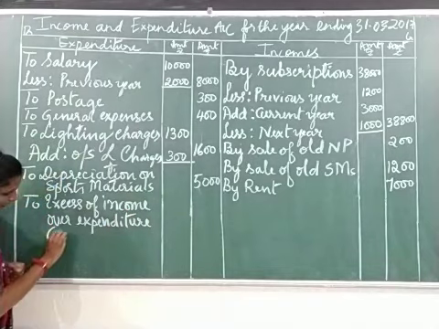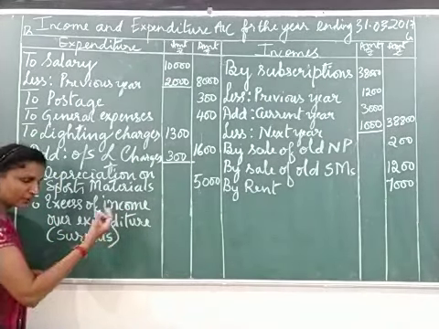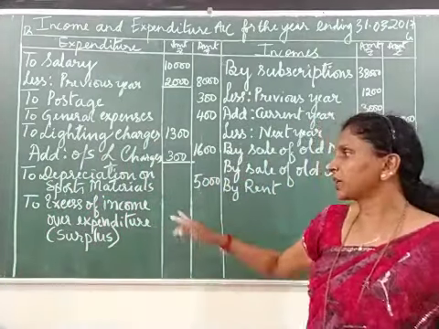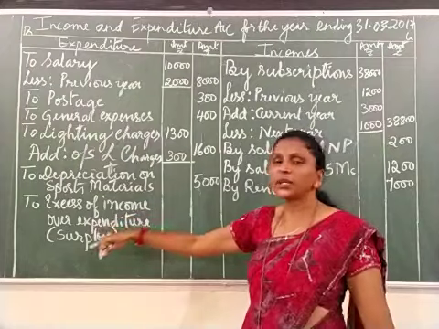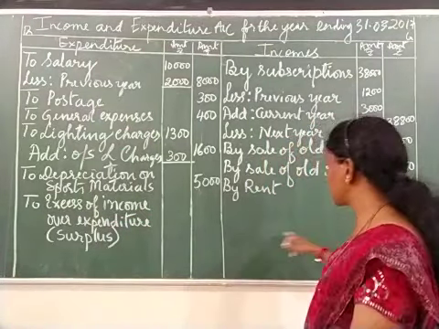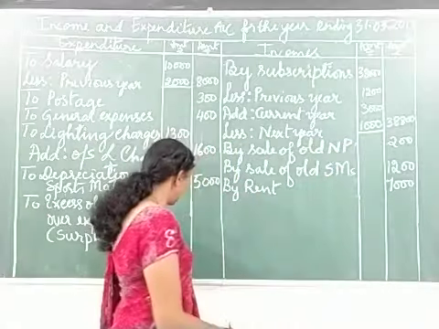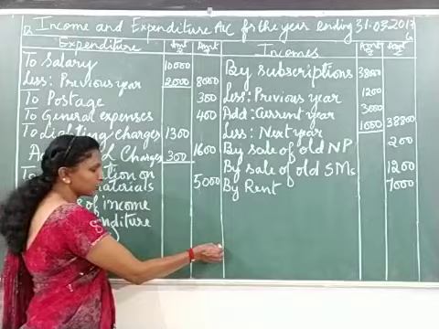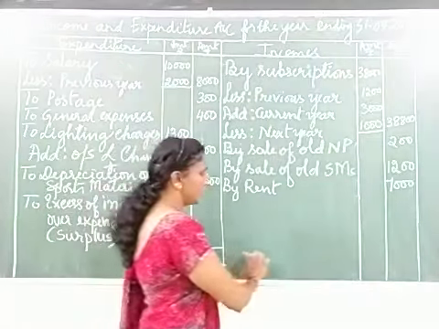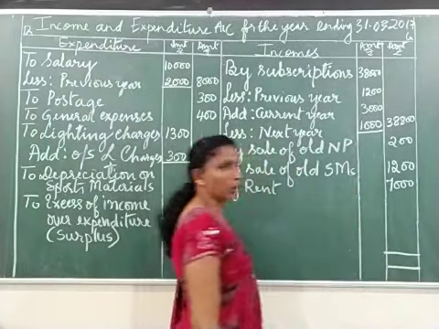In the bracket you write surplus. You can use the word surplus also, or to be perfect you can write to excess of income over expenditure. Next line, see both sides, and put the total mark. So we'll put the total mark only to the outer column. So put the total mark on the same line on the credit side also, only to the outer column.